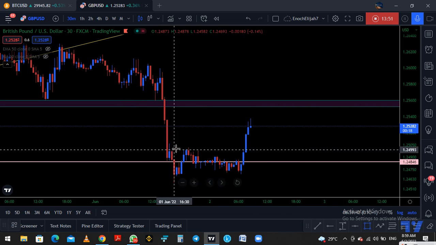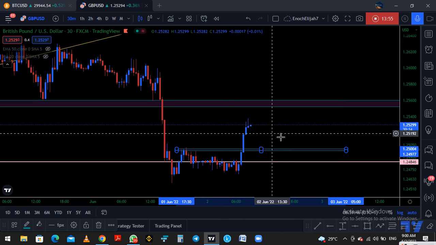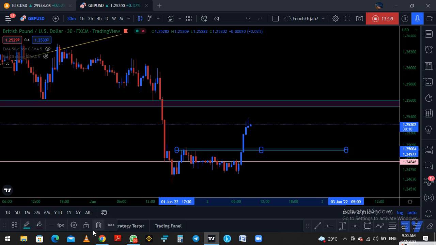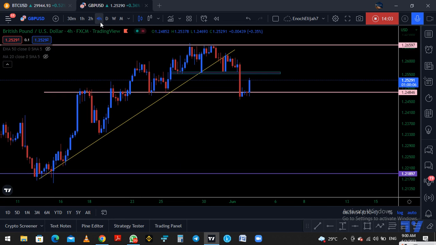And we can still have a retest of here, and the price moves up. But because of what I'm seeing on the 4 hours, it is two-way, in the sense that it can go either way, up or down.